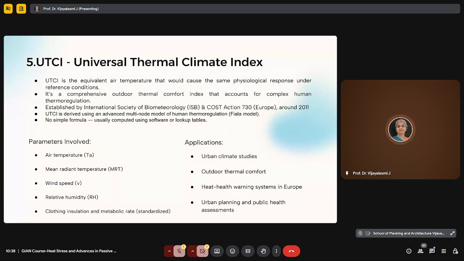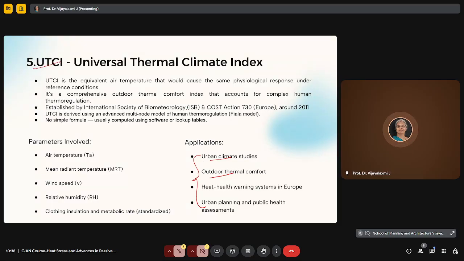And then the UTCI, Universal Thermal Climate Index. This and WBGT should be of interest to you if you are working on thermal comfort. So this is used primarily for outdoor thermal comfort, UTCI, urban climate studies. And so for outdoor thermal comfort, you should look at UTCI in greater depth.